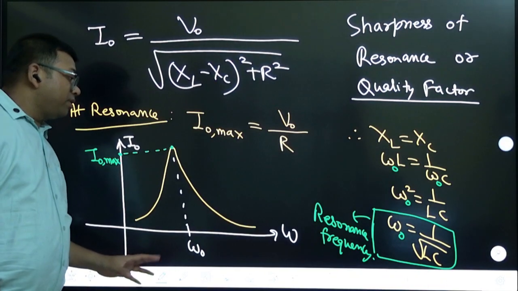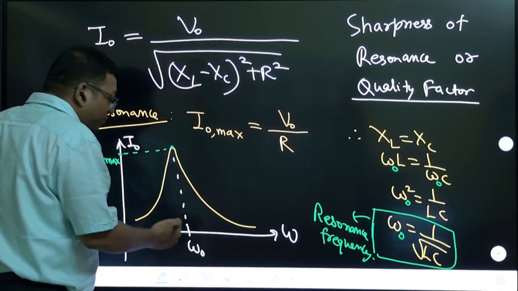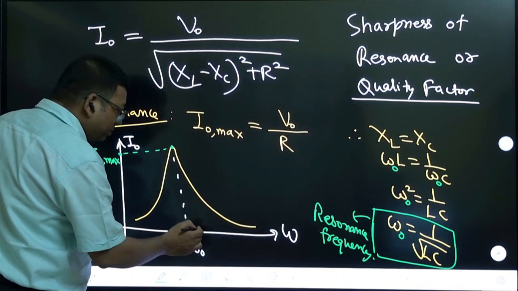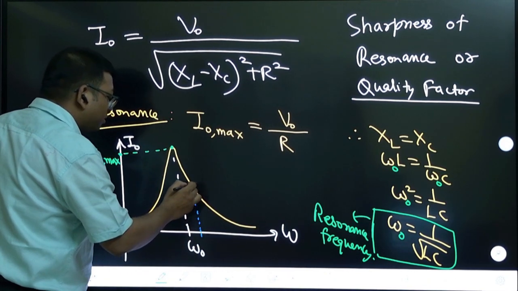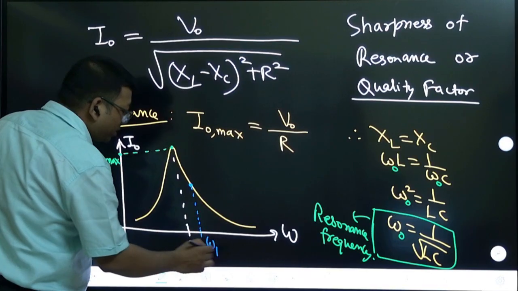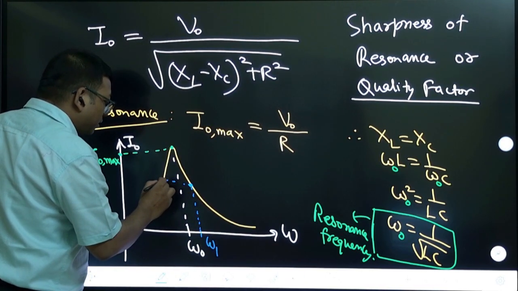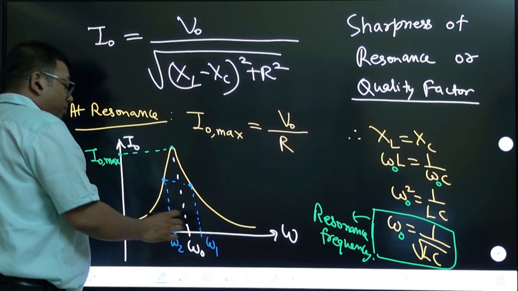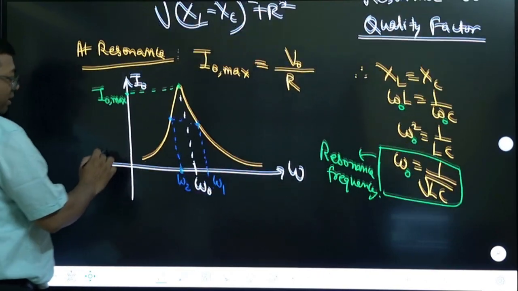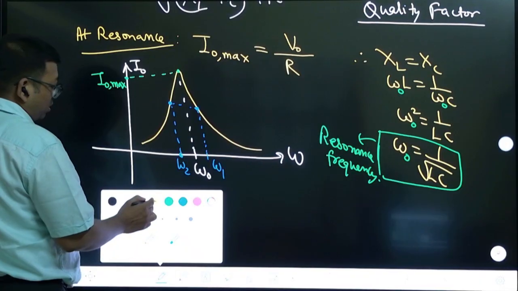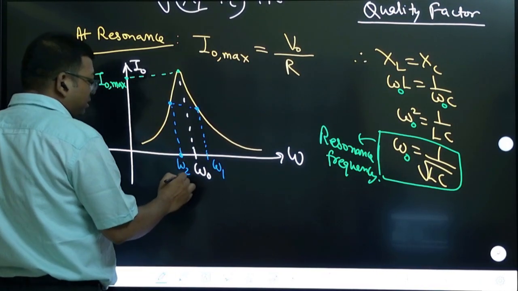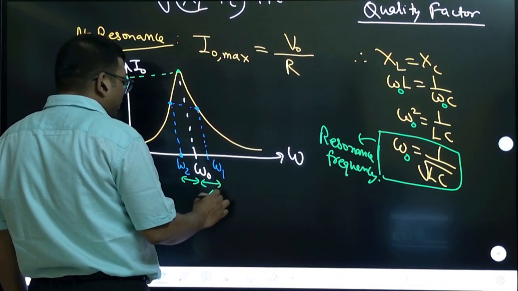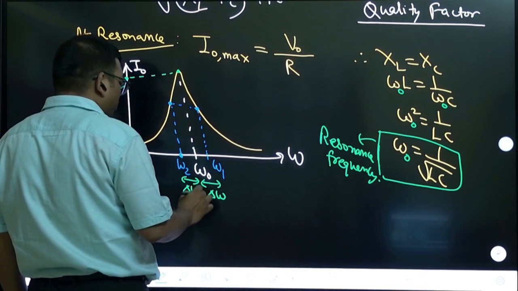Now here, suppose I choose a frequency very nearby to this. Let us call this frequency omega 1, and similarly let us call this frequency omega 2. Because I have chosen these values very close, I can say that this is almost symmetric, and this difference is called delta omega.